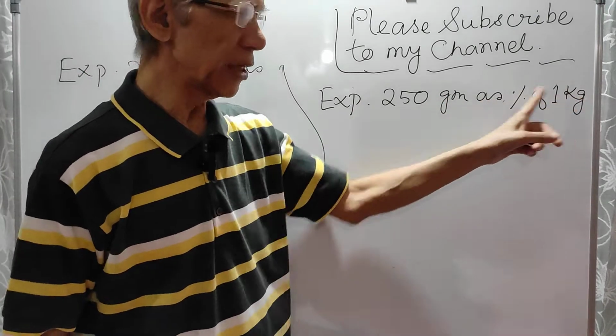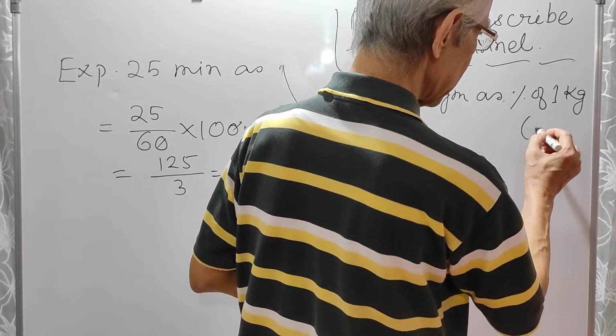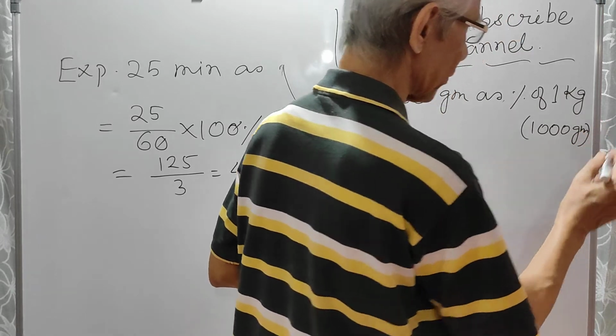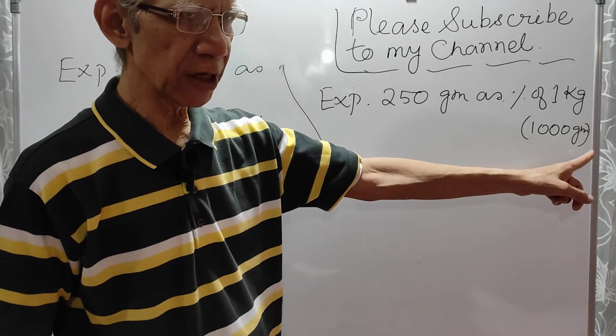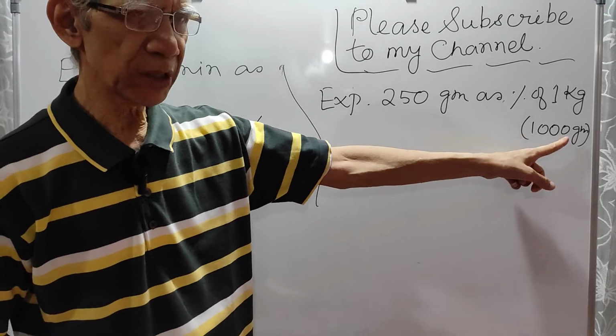So again, grams and kg are different. First of all, make the units the same. So 1 kg means what? 1000 grams. Isn't it? 1 kg means 1000 grams. Now the question becomes: express 250 grams as a percentage of 1000 grams.